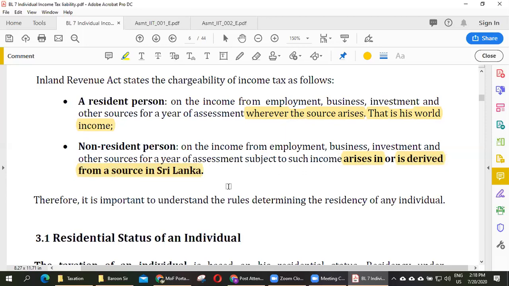A non-resident person is liable to pay tax only on income generated in Sri Lanka. A resident person is liable to pay tax on world income. World includes both Sri Lanka as well as outside Sri Lanka.